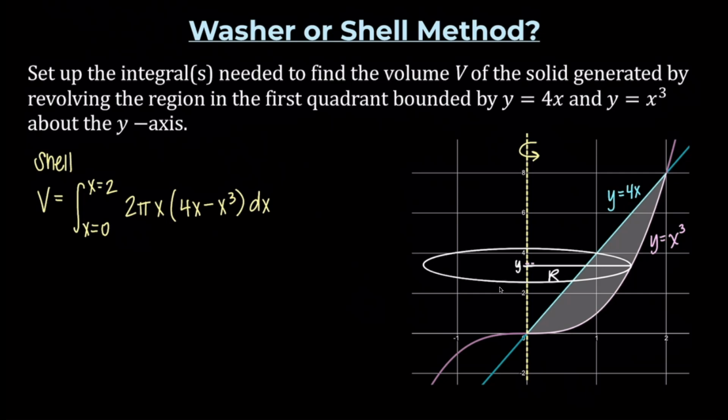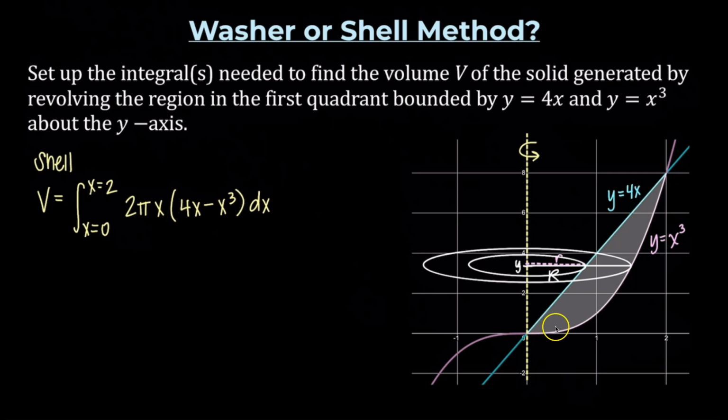It's right at that same y value, but I'm using dashed lines to indicate it's a different radius. I'm going to now sketch that inner part to create the washer. All right, so here is my sample washer at this one y value.